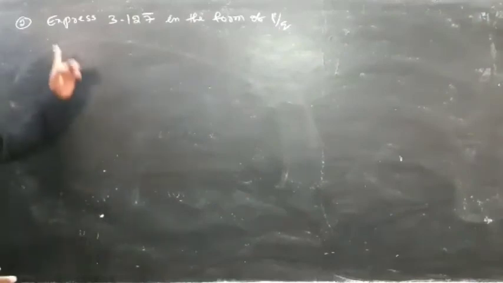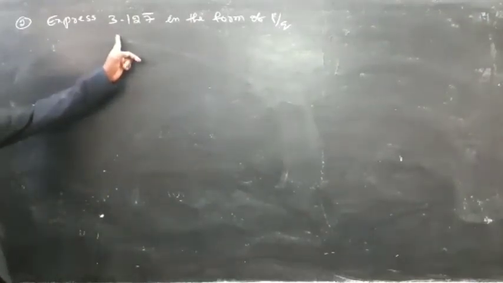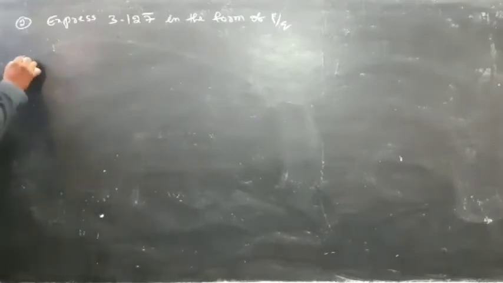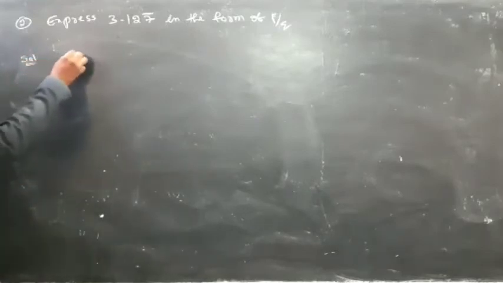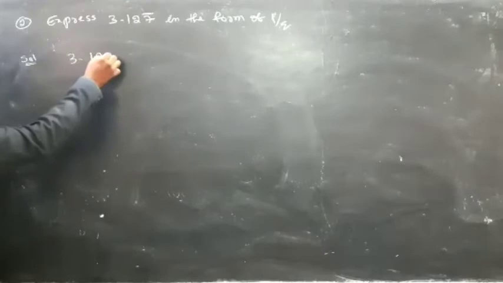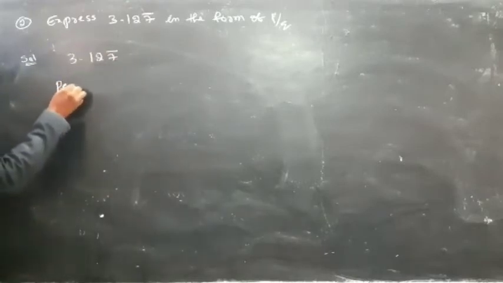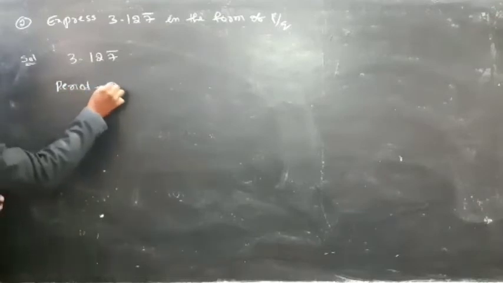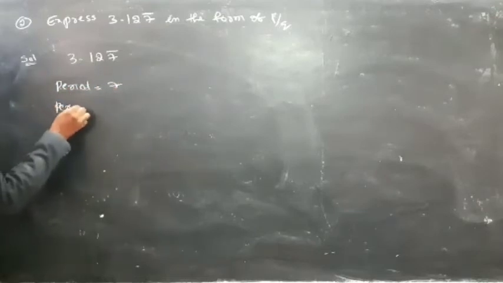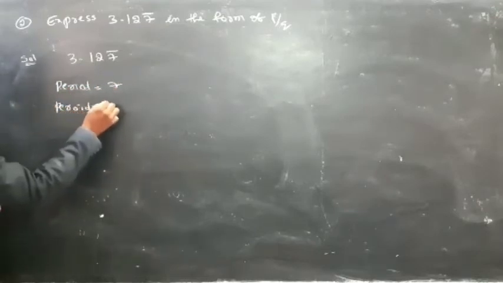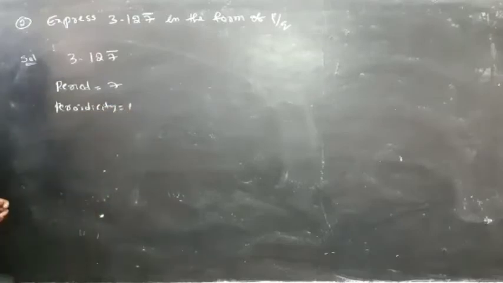Next question: express 3.127 bar in the form of p by q. Solution. What is the given number? 3.127 bar. First you have to write what is the period here: 7. Then the periodicity is 1.